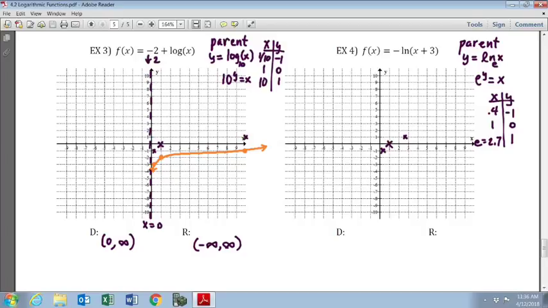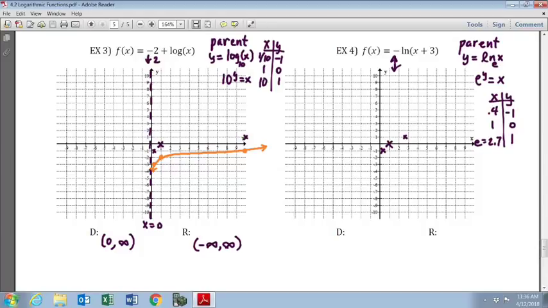And now we need to look at what we need to change here. Notice the minus out in front. That's going to cause, oh, you know what? I think I made a mistake on this one, because that's not right. This is going to be reflected through the x-axis.